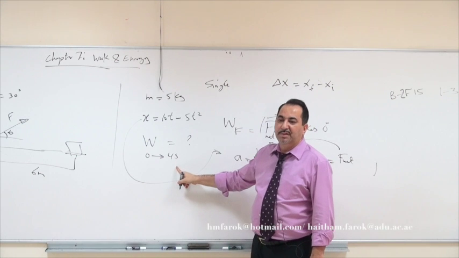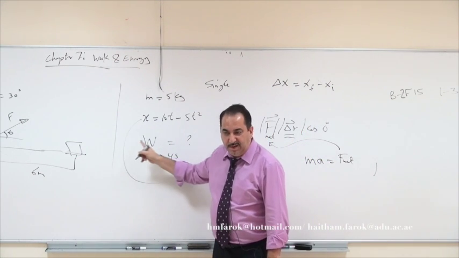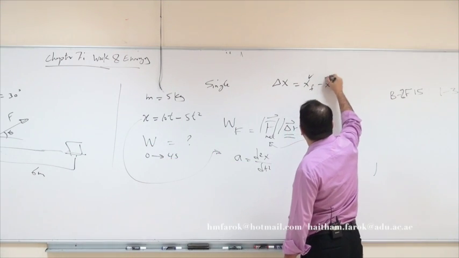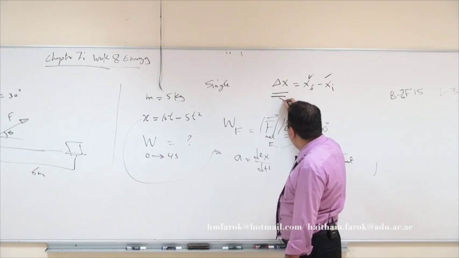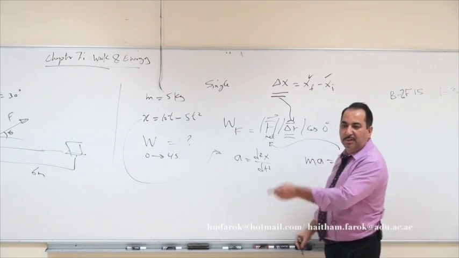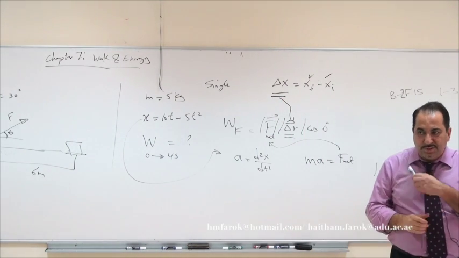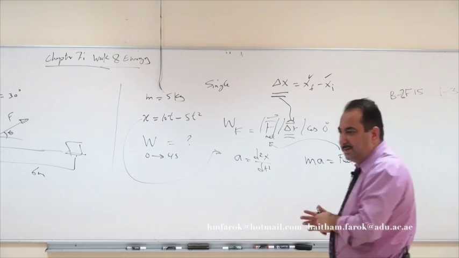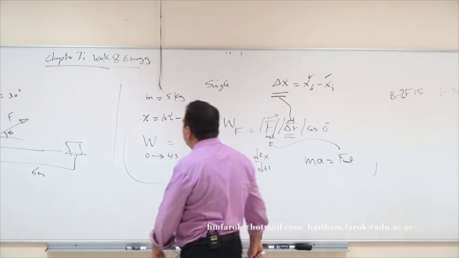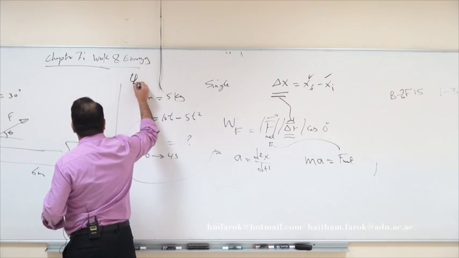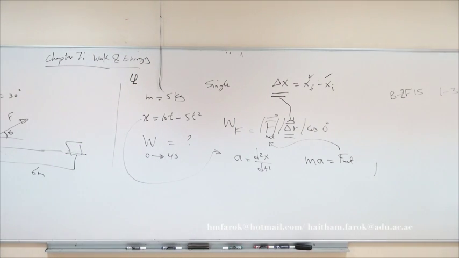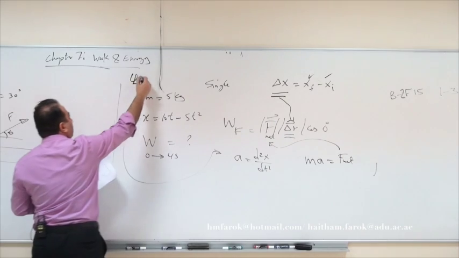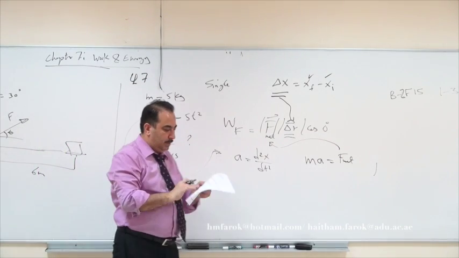X at 4 is x final, yes? So if you know x final and x initial, you find delta x, and then substitute here, you get the work, yes? So this was a review question, linking the previous with the present. So this was question 7. Review problems.